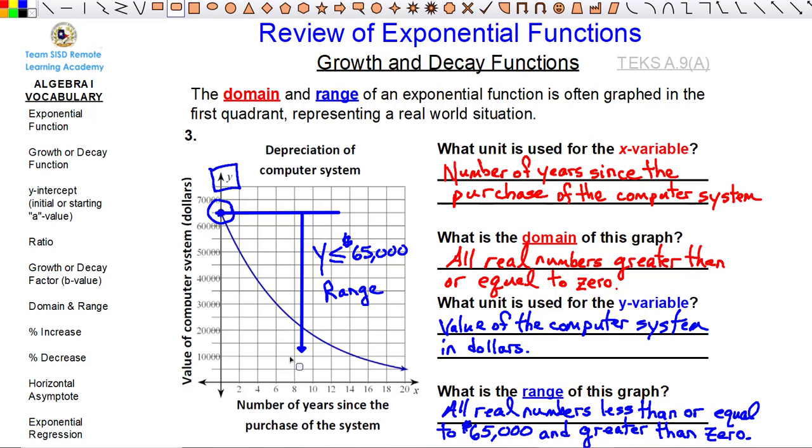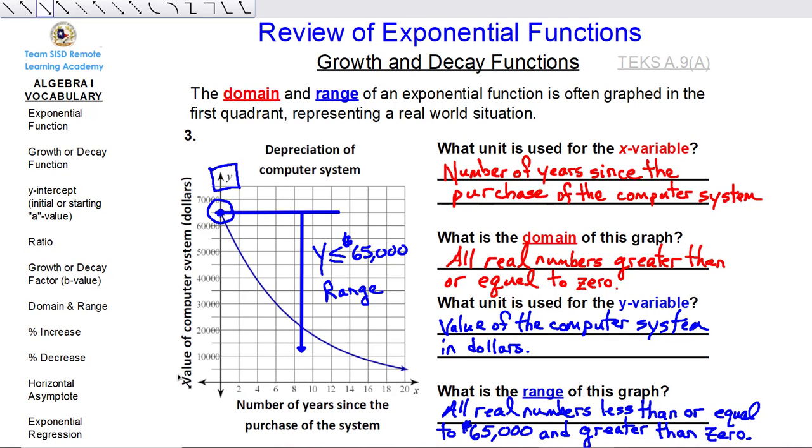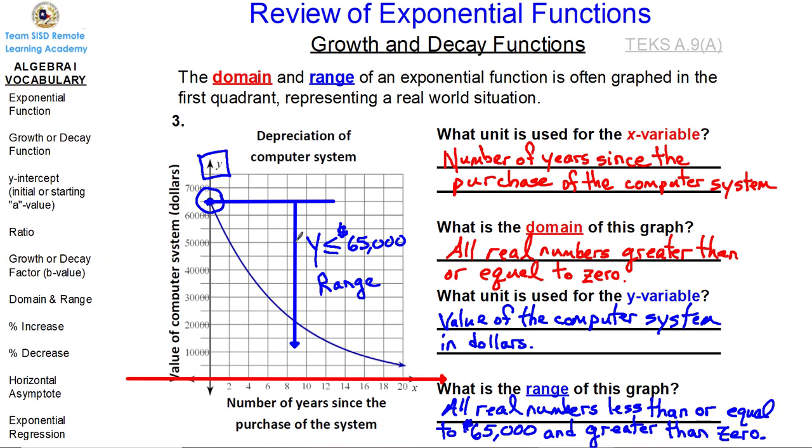But wait, remember what we referred to as the horizontal asymptote. There's this horizontal asymptote here. That graph will never cross the x-axis. And so we need to remember that although, yes, the values are going down, it'll never cross the x-axis. So I need to add a little something in addition to this inequality.